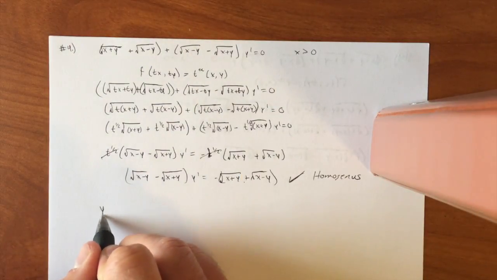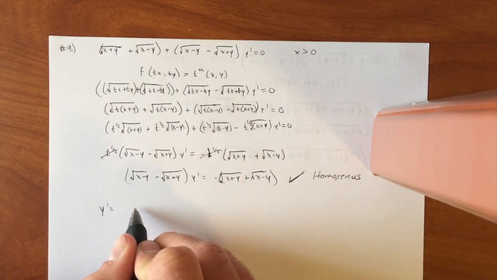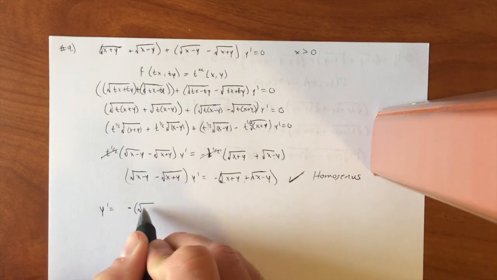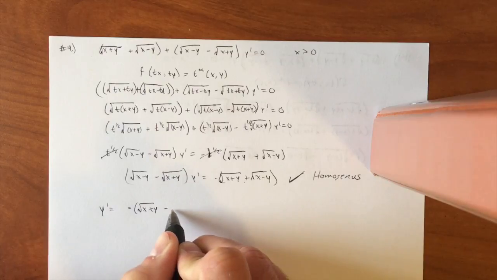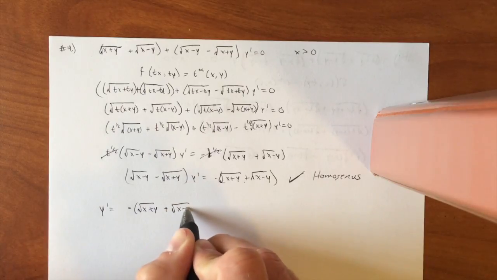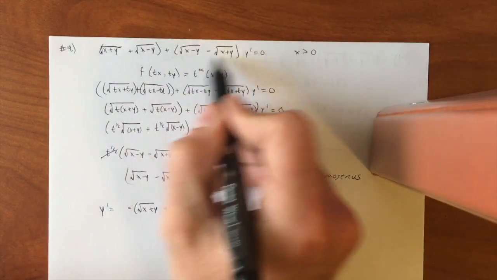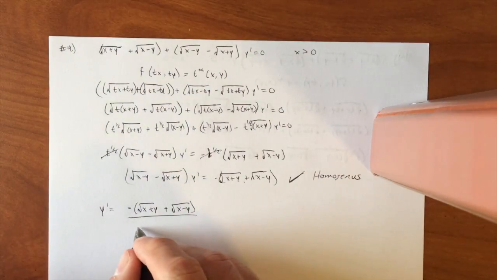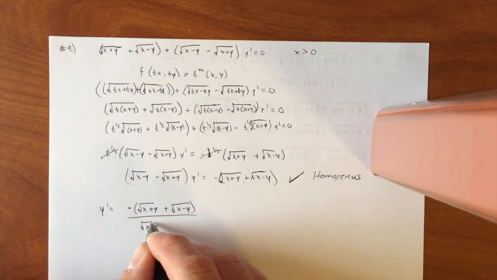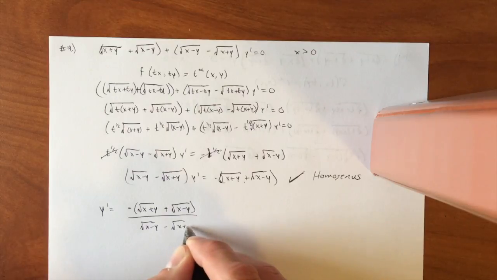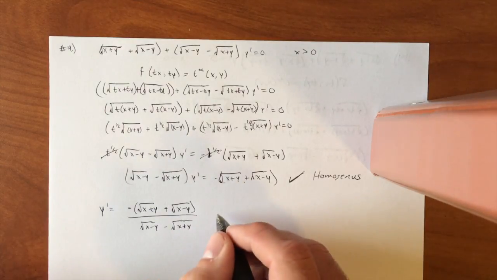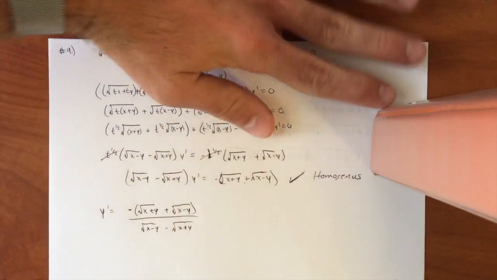So we'll have y prime is equal to the negative of square root of x plus y plus square root of x minus y, and then dividing by this term, we'll have square root of x minus y minus the square root of x plus y. Okay, let me move my paper back down.